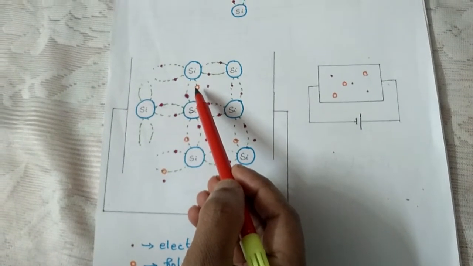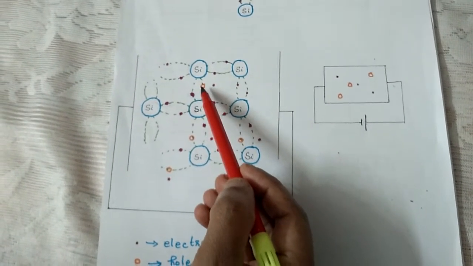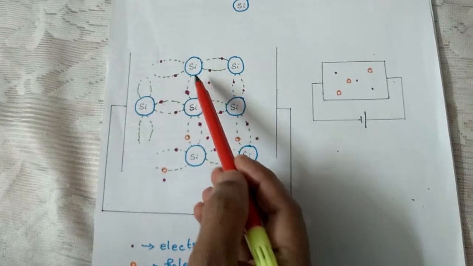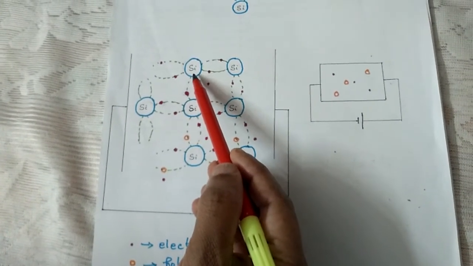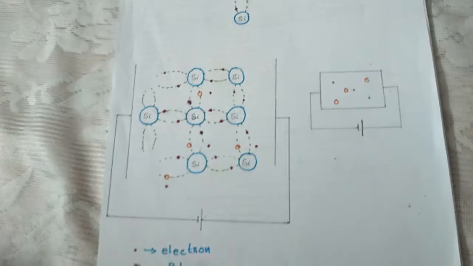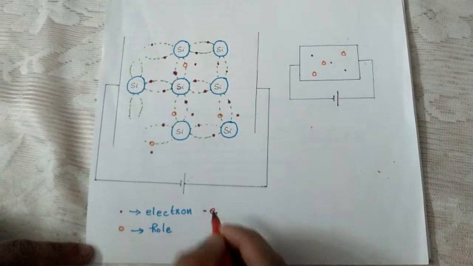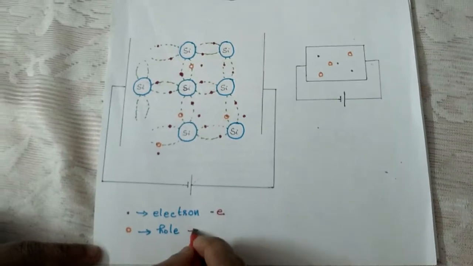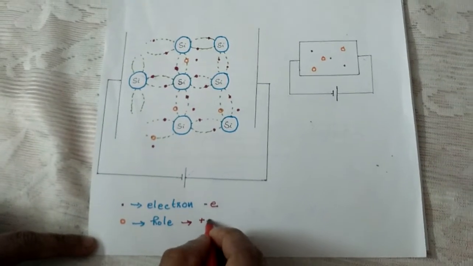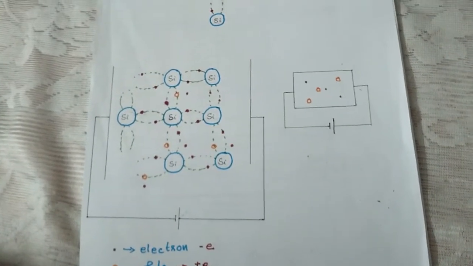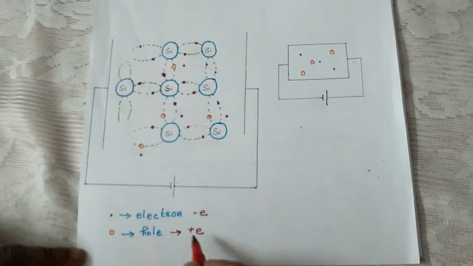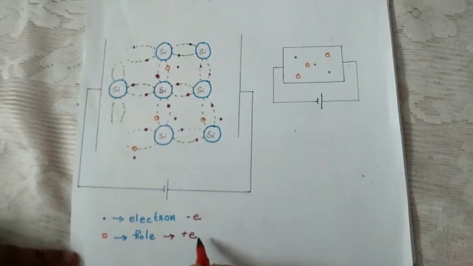And the hole behaves as a particle with a positive charge because it makes the atom a positive ion. So the free electron has charge minus e and the hole has a charge plus e. So it behaves as a particle with effective charge plus e.